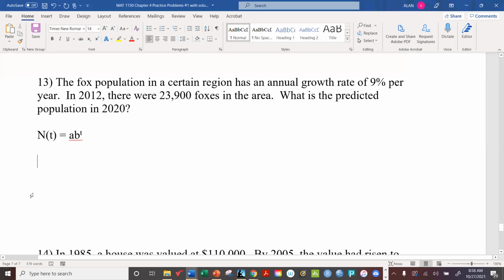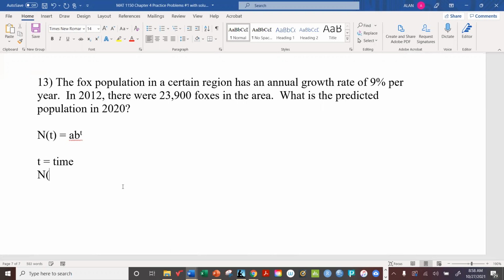So what do we know in this problem? Well, first of all, t is time, and n of t is the number of, in this case, foxes at time t.